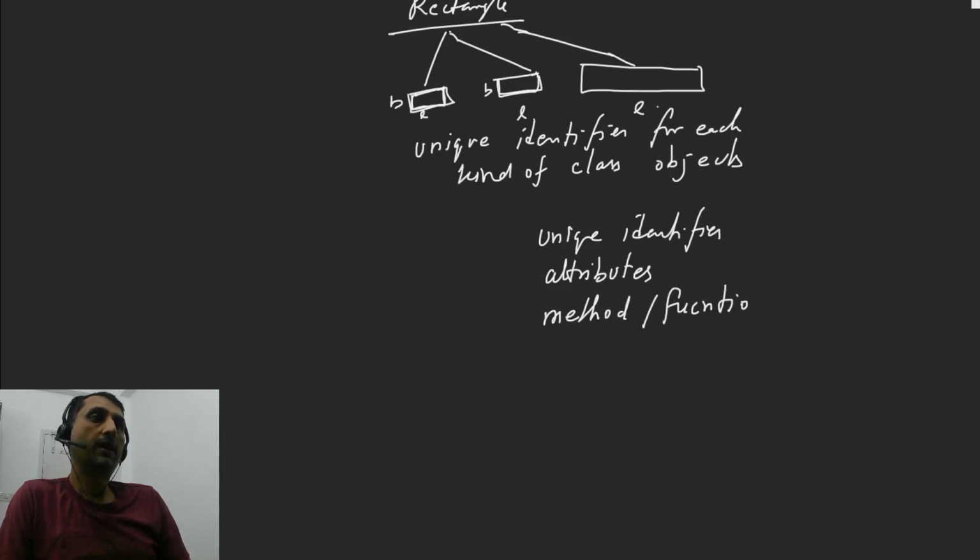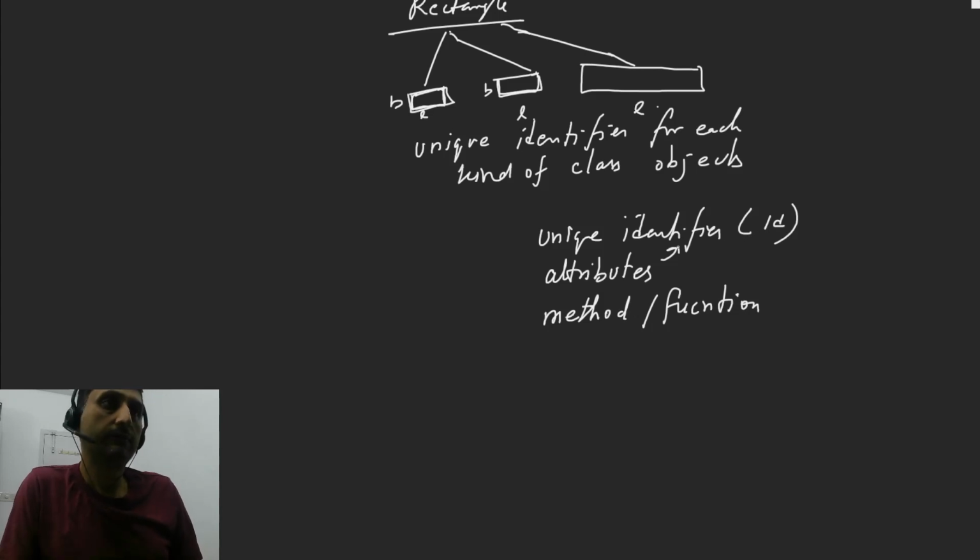So the object can take certain actions, it can do some job. The unique identifier can also be one of the attributes, like an ID of the object. It maintains a unique ID, like the Aadhaar ID which we have.